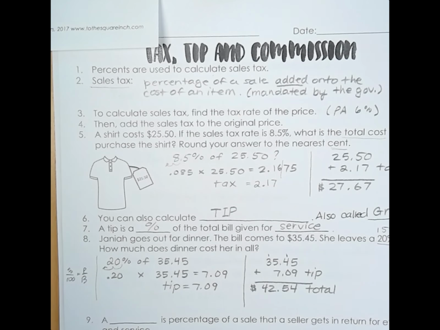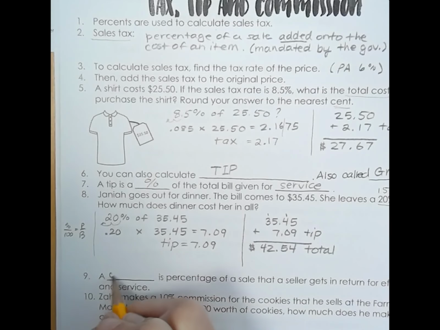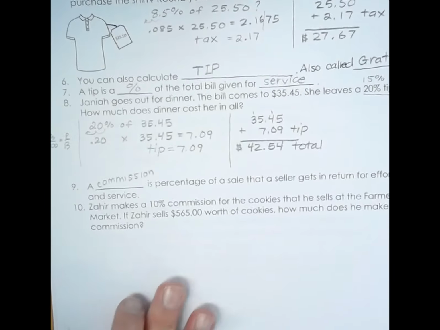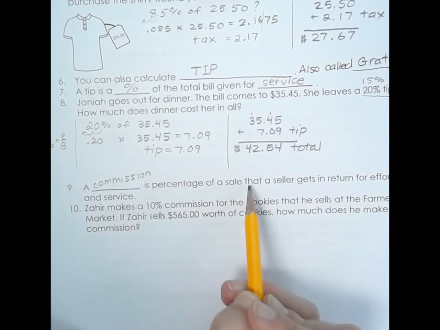Okay, the last application that we're going to look at today is commission. Commission is a percentage of a sale that a seller gets in return for effort and service.